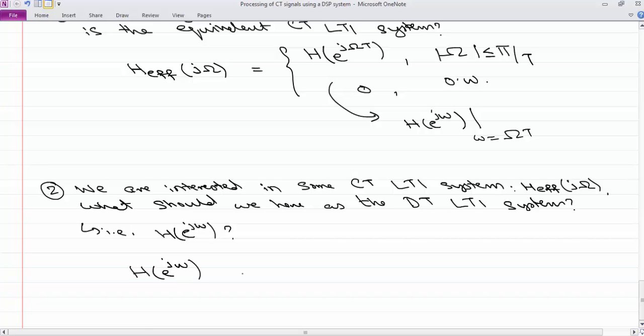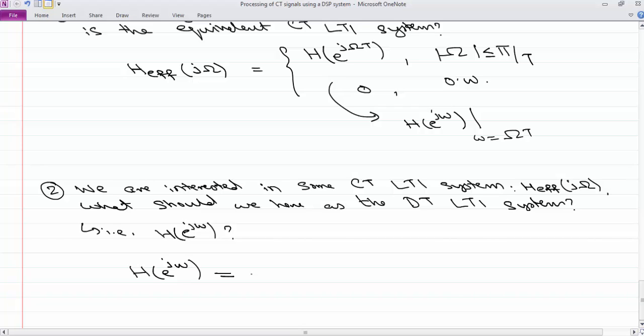So your frequency axis in continuous time is given in radians per second. Now you want to obtain radians. The scaling should be that your axis gets multiplied by T, seconds, so that you get back radians.